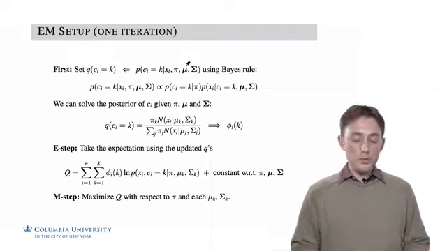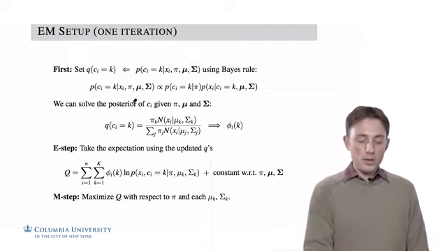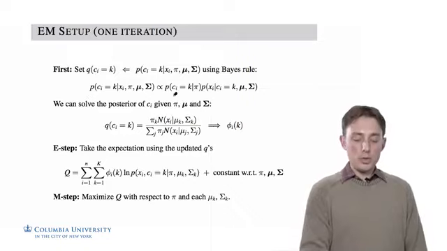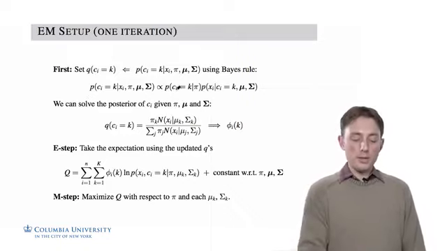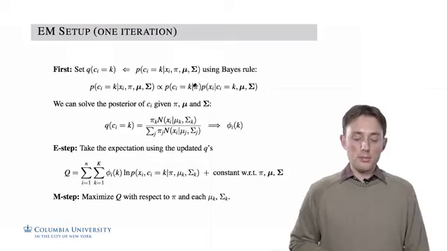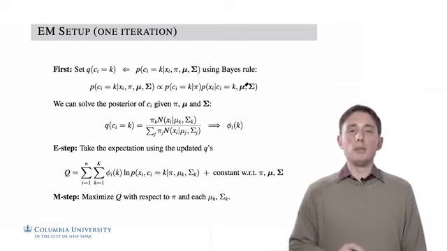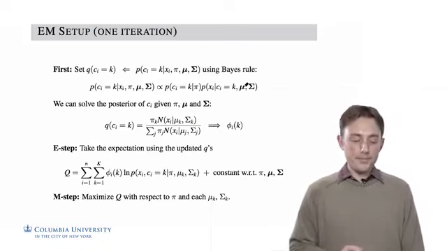To do this, we use Bayes' rule. Bayes' rule says that the conditional posterior is proportional to the prior of assigning the ith data point to cluster k times the likelihood of the ith observation given that it was assigned to cluster k.